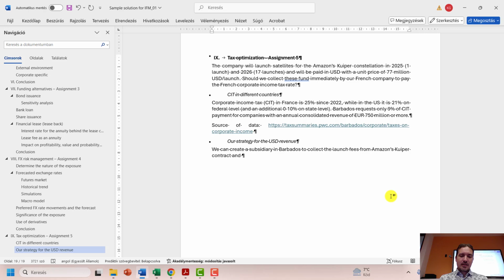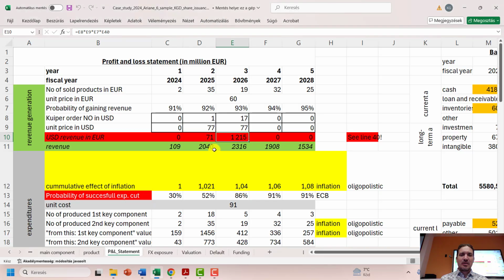And then still we should pay something for the rest of the company because we have expenditures yet.